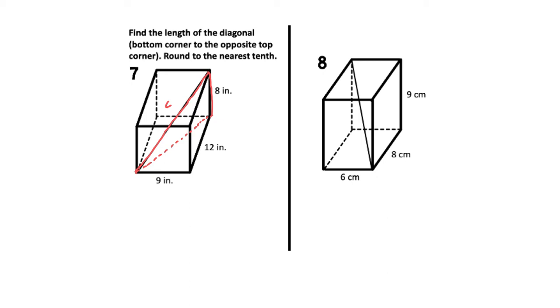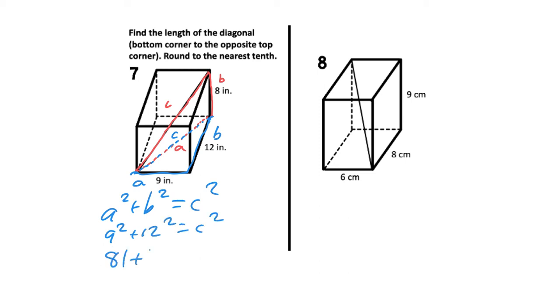Well, the diagonal of the base is the hypotenuse of the right triangle formed by the length and the width, so by the 9-inch and 12-inch sides of the box. This means that a squared plus b squared equals c squared gives us 9 squared plus 12 squared equals c squared, or 81 plus 144 equals c squared. 81 plus 144 is 225, which is not going to be our hypotenuse.